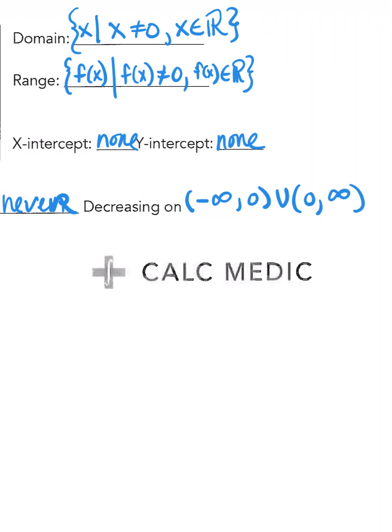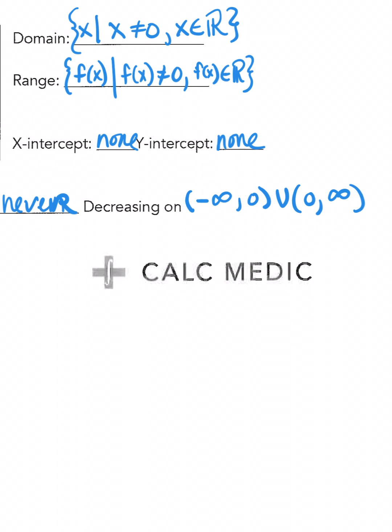Seems weird that we can't write it as all real numbers, doesn't it? Decreases everywhere. It doesn't, because at 0, it's not doing anything, is it? Because 0 is undefined. Do you have a question? U means union of. That's what we stick in between when we do intervals where we have more than one interval.